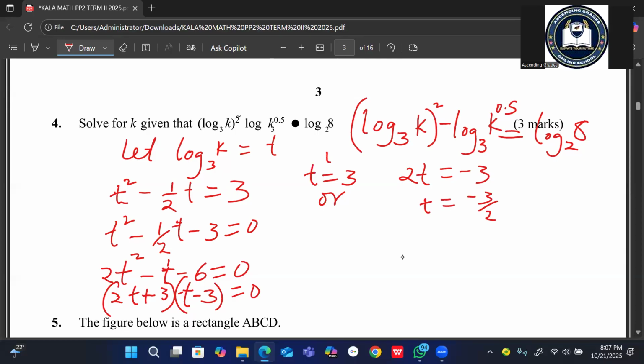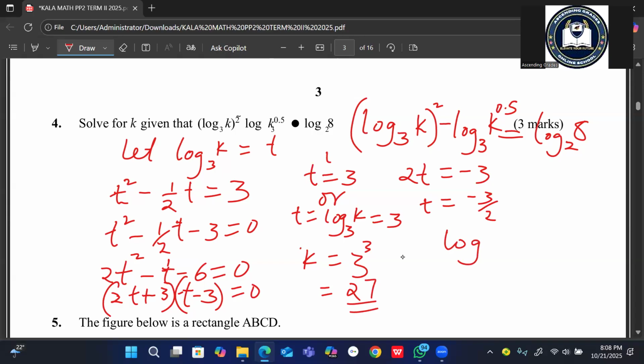So when t is equal to 3, we assumed our t to be equal to log k base 3, which is equal to 3. So our k should be equal to 3 cubed, which is 27, or log k base 3 is equal to negative 3 over 2.